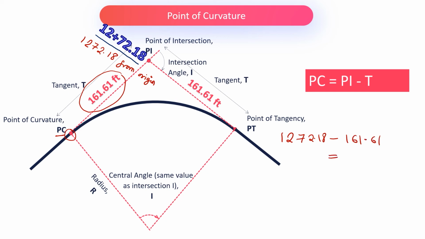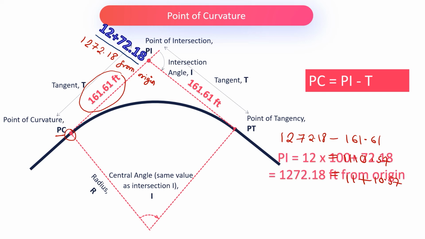So 1272.18 minus 161.61, and that will give you the distance of PC from the origin, 1110.57, and we can write this as 11 plus 10.57. Okay, this is how we find the PC.